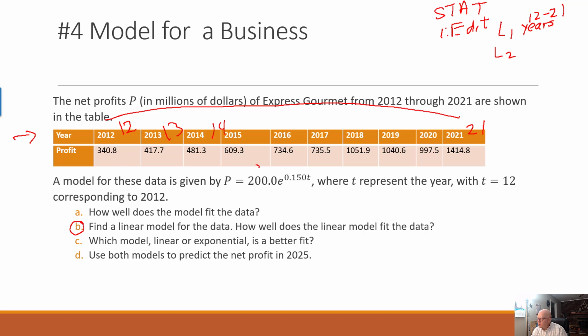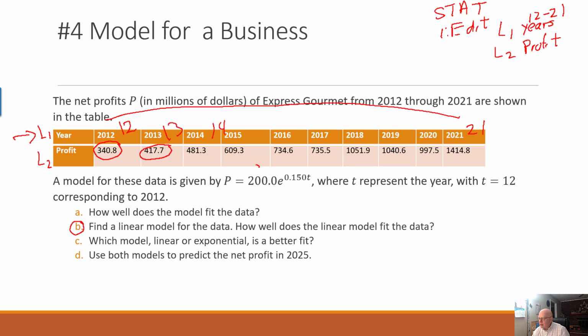In L2, you're going to put the profit in millions. In other words, you're going to put 340.8 on the first line, 417.7 on the second line, and so on. Remember, these go into L1, these go into L2.